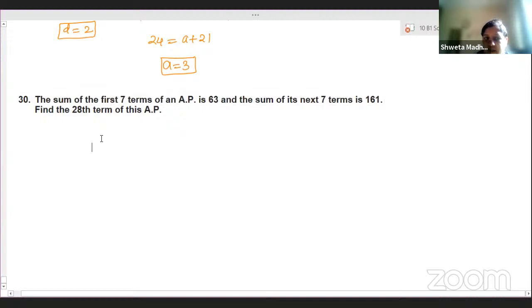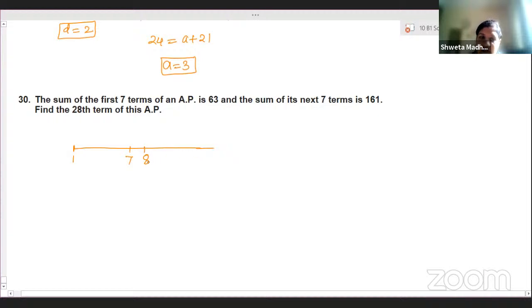Sum of first 7 terms of an AP is 63 and sum of its next 7 terms is 161. So if this is an AP, first term, 7th term, and then next one will be 8th term till 14.